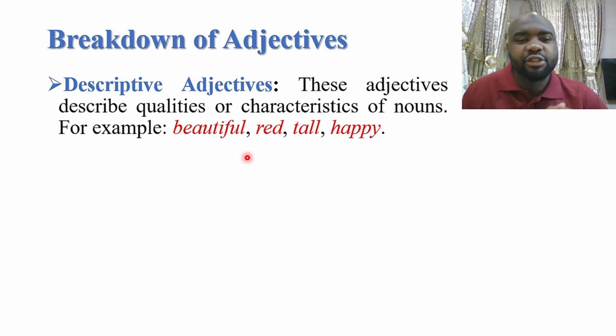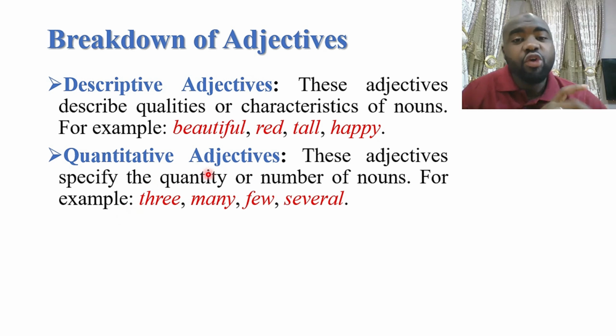That's an instance. The next on the list, quantitative adjectives. These adjectives specify the quantity or number of nouns. Talking about number: 1, 2, 5, 10, few, several, many, etc. These words talk about number.